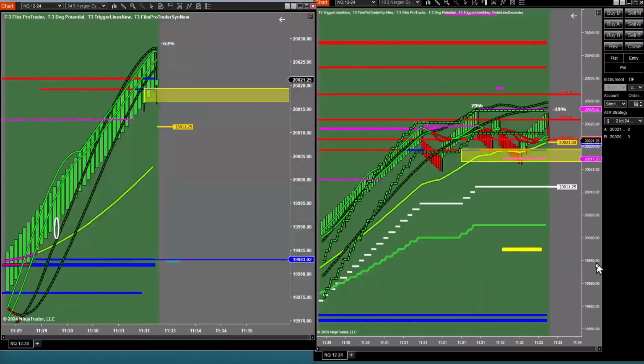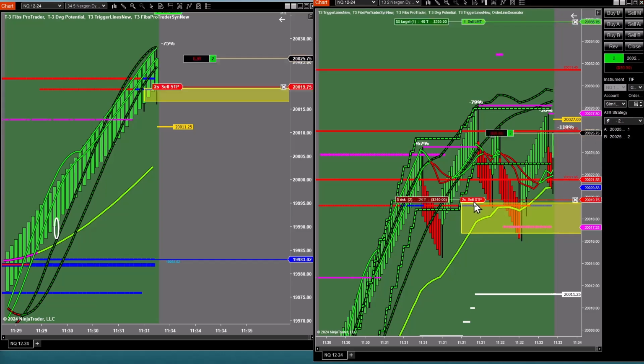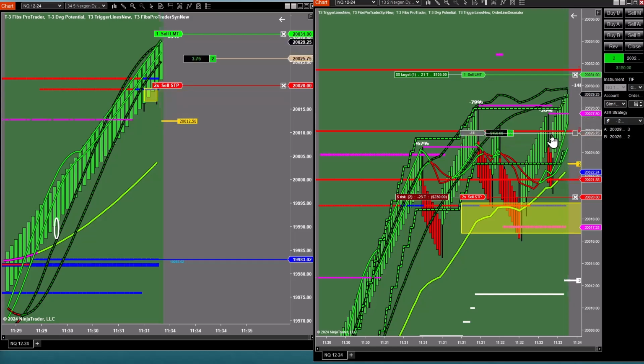Now, it's not as easy of a long because we've got resistance on the little charts and divergences and all that stuff. So if you go long, you're expecting it to go up, but there's not a lot of room to play with. So if it doesn't just rocket out of there, it's probably a break even.